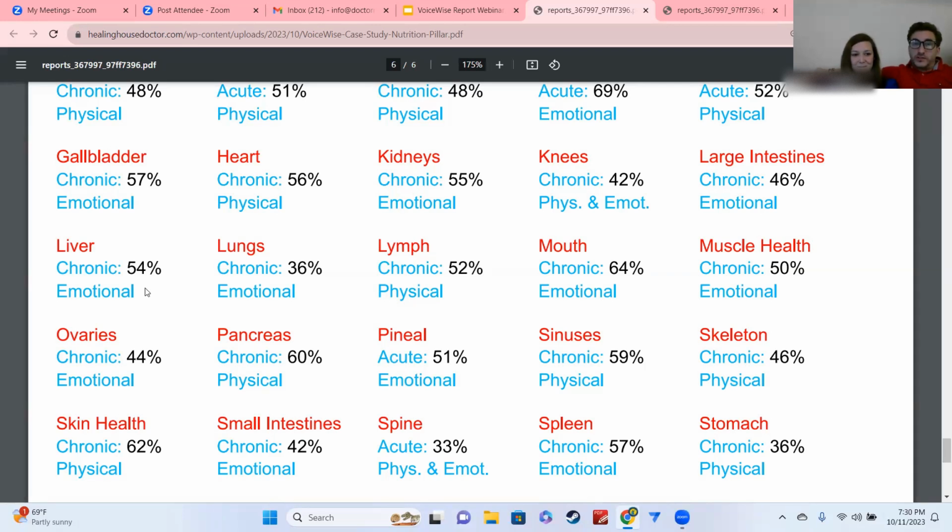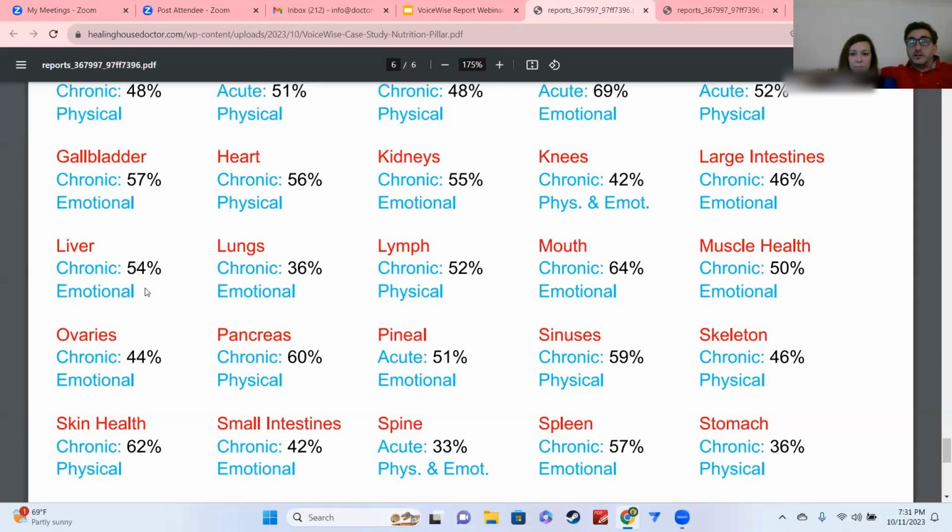And the other thing that you might see on your report is that it could also say significant emotional or significant physical, or it can also say strong. Significant is the next layer of significance, right? So imagine that you have minimal, moderate, and severe. Minimal is you'll just see physical or emotional, or both.